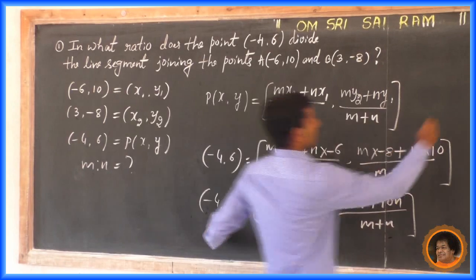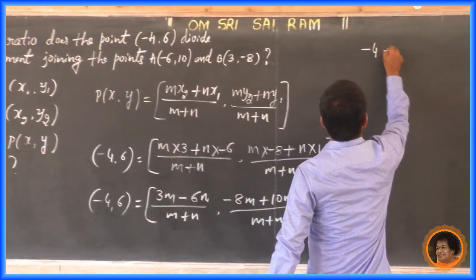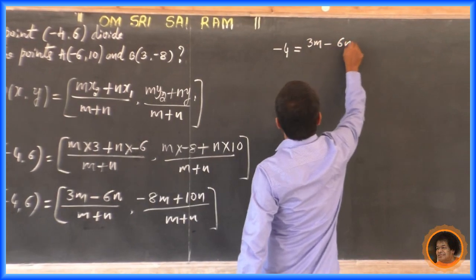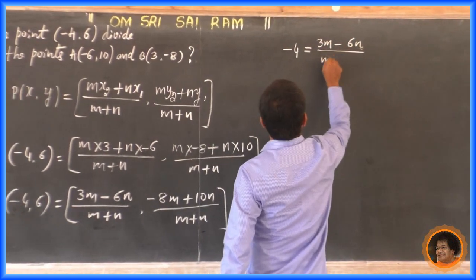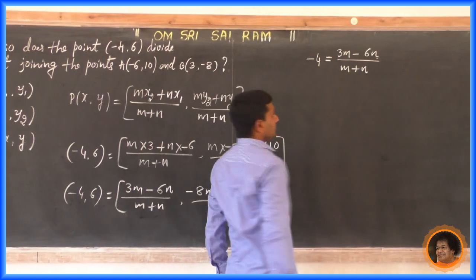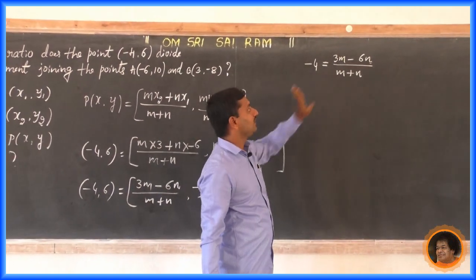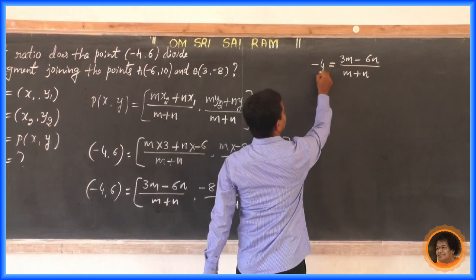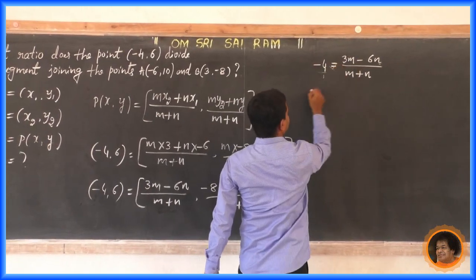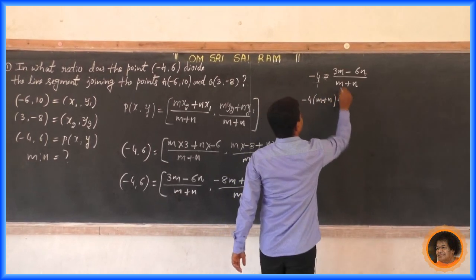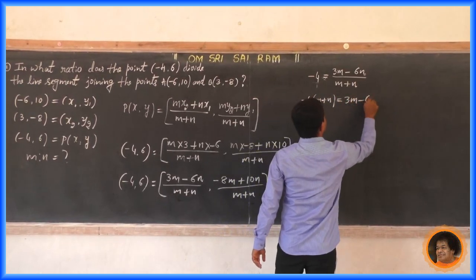The first one: -4 equals (3m minus 6n) divided by (m plus n). On simplifying, we get the value of m as well as n. So here -4 divided by 1. Now cross multiply: -4 into (m plus n) equals 3m minus 6n.